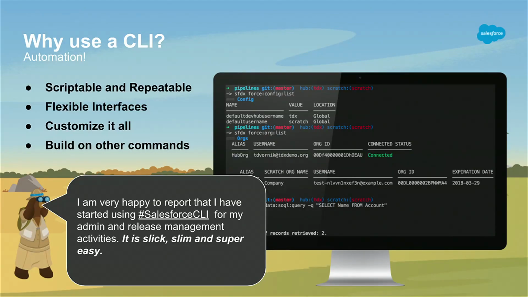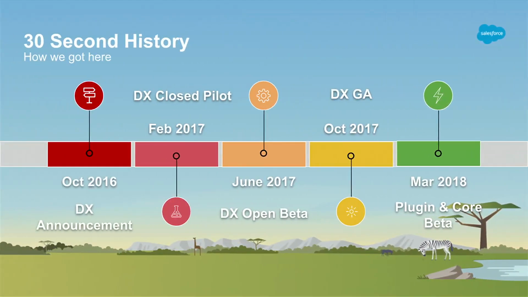But also because we're Salesforce, and we pretty much give the developer things that can be customized. It's the whole point of the platform. And that philosophy carries on through with our CLI. Those are the main reasons. If you guys have questions, go ahead and shout them out now before the demo, because when we get to the demo, we've got a lot of cool things to show you.